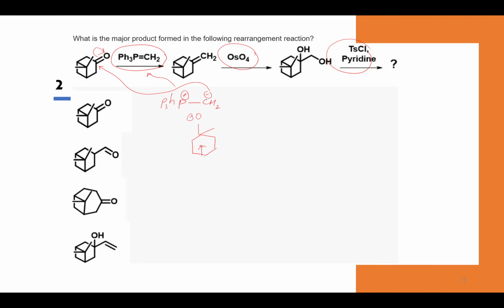Everything will remain as it is. Now this negative charge will attack the phosphorus atom and it will form a four-member ring, a phosphatin ring.